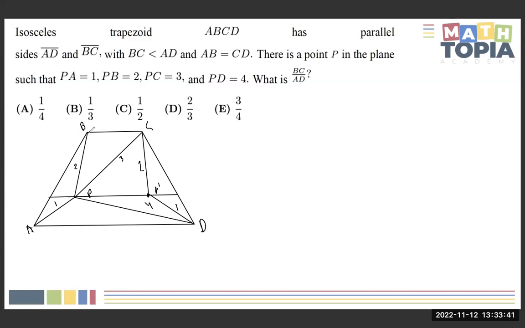If you notice, drawing this in makes a lot of mess, but this is also 3, and this is also 4, right? Because we looked at parallel lines, and the fact that these diagonals are equal and the sides are equal, that means that actually BC P prime P is an isosceles trapezoid, and P prime DA is an isosceles trapezoid.